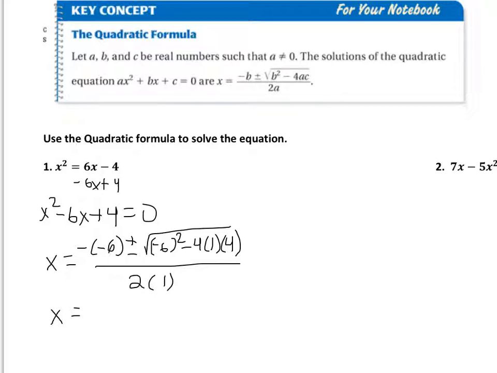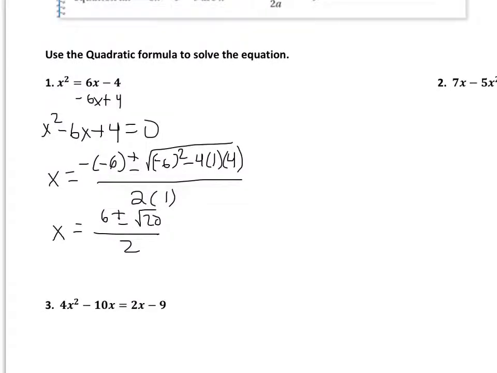So x equals 6 plus or minus the square root of 36 minus 16, 20, over 2. So x equals 6 plus or minus 2 square root 5, because you have square root 4 and square root 5, over 2.